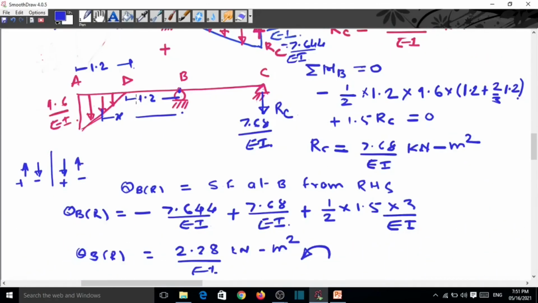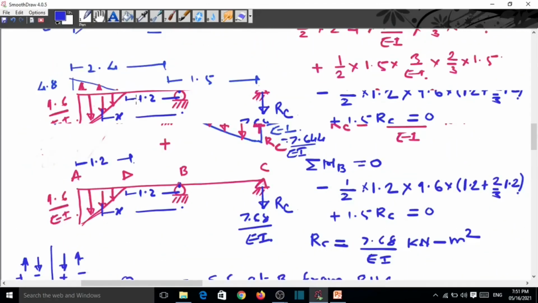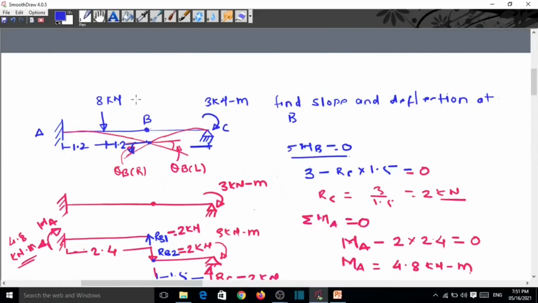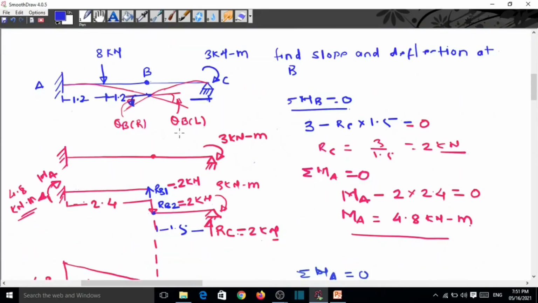Then next part is the theta b from the left side.